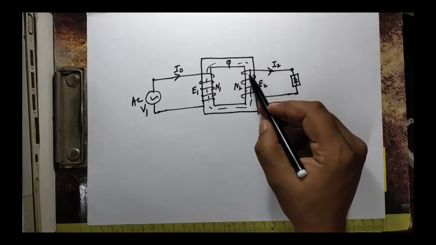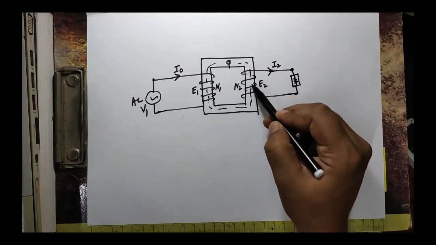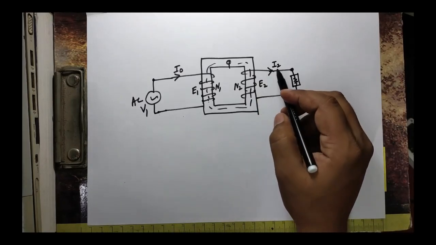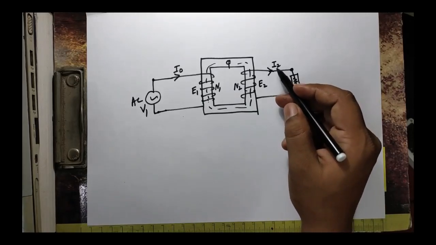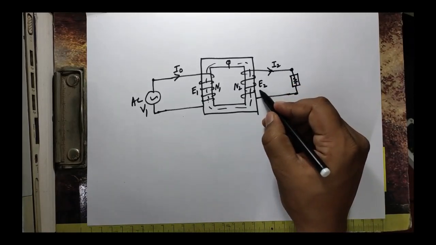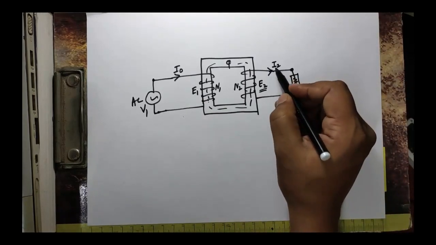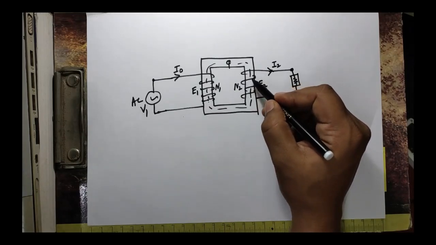Now see here in this coil, earlier no current was flowing, but now I2 current is flowing, and the nature of this I2 is also alternating current. Why? Because this E2 is an alternating one. Okay, so due to this I2, again a flux will start developing.